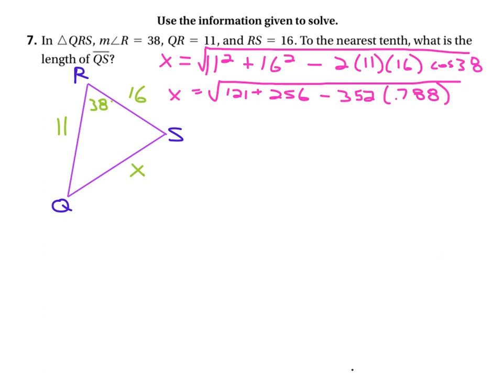And let's simplify these. Okay, we say x is equal to the square root of 121 plus 256 is 377 minus, and then we're going to do 352 times 0.788, and you get 277.376.